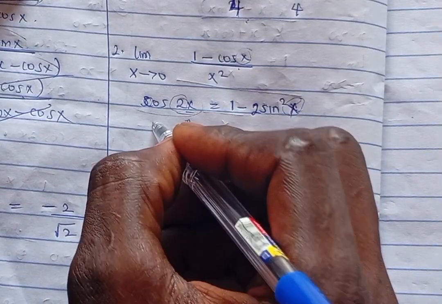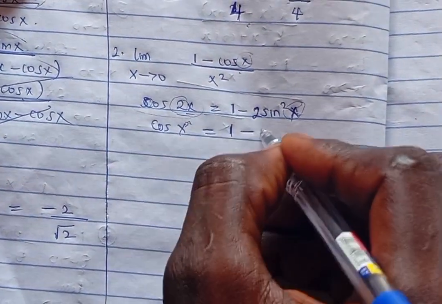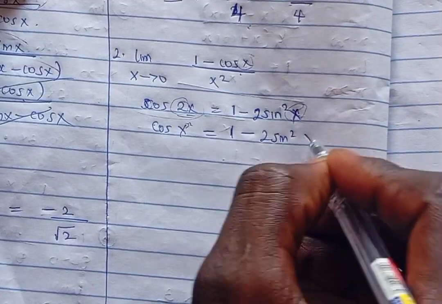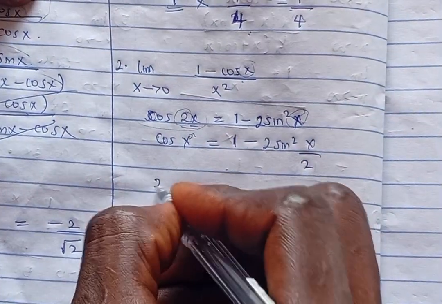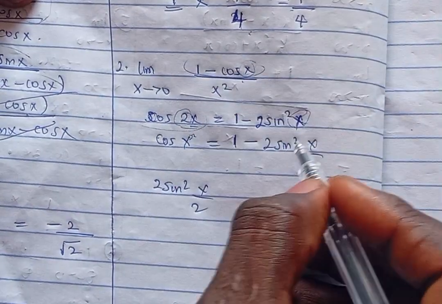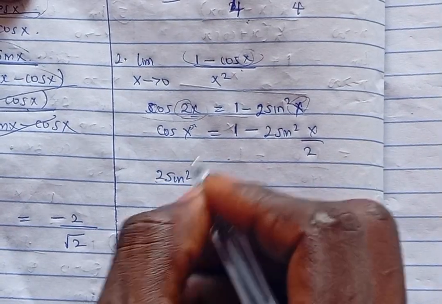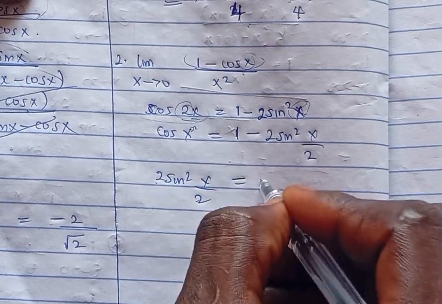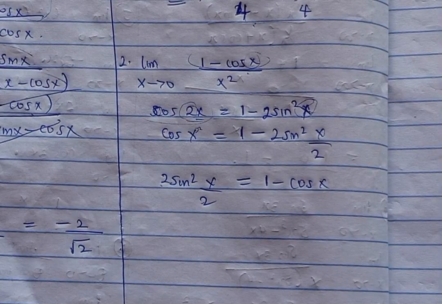So cos x will be equal to 1 minus 2 sin squared (x over 2), half angle. So 2 sin squared (x over 2) is equal to 1 minus cos x. Do you get what I'm saying?